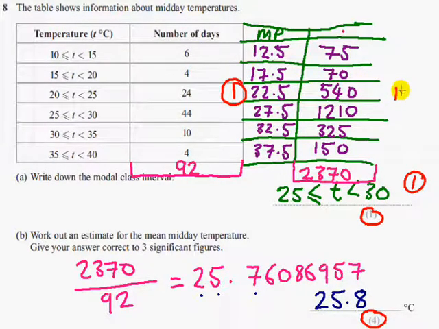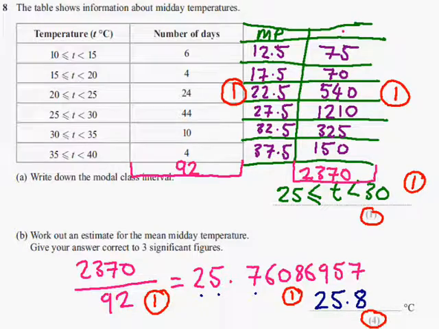So a minimum of 4. For the 3rd mark, it's the total temperature divided by total number of days. And the final mark comes from the final answer.